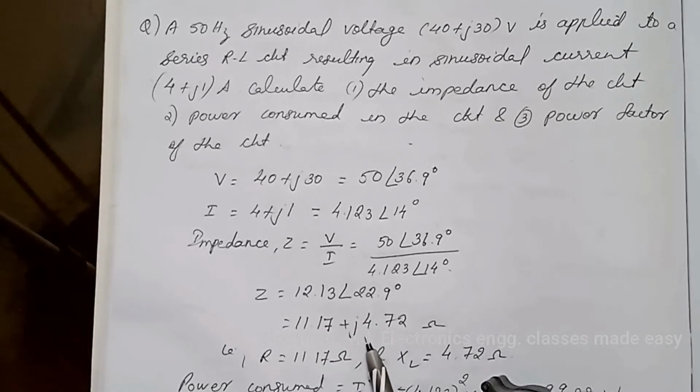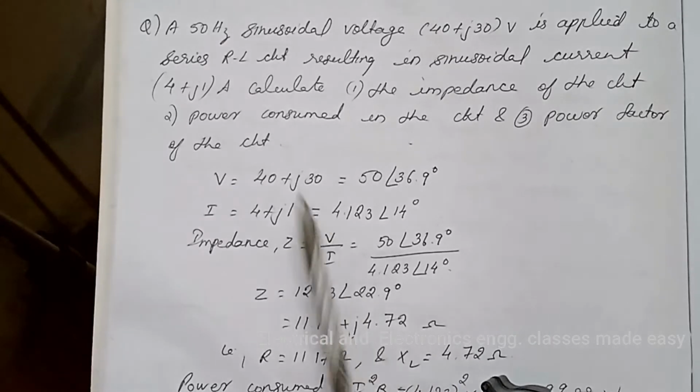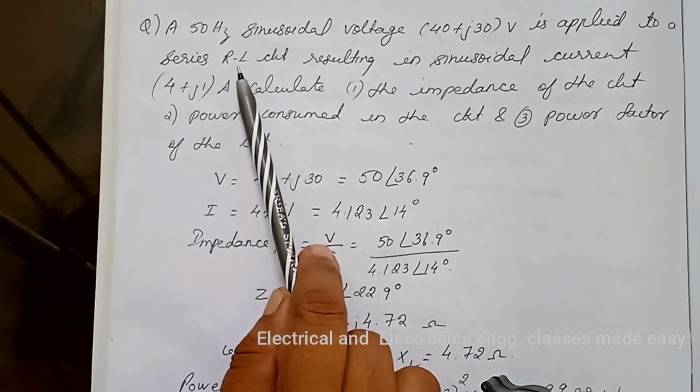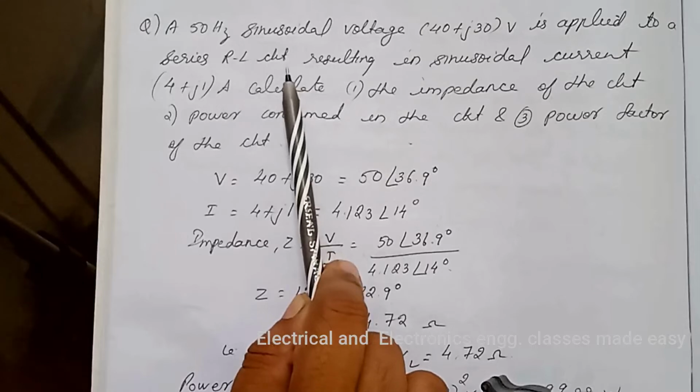and it is equal to 11.17 plus j4.72 ohm in rectangular form. From this rectangular form of impedance we get resistance R is equal to 11.17 ohm and XL is equal to 4.72 ohm, because it is already given that it is an RL circuit.